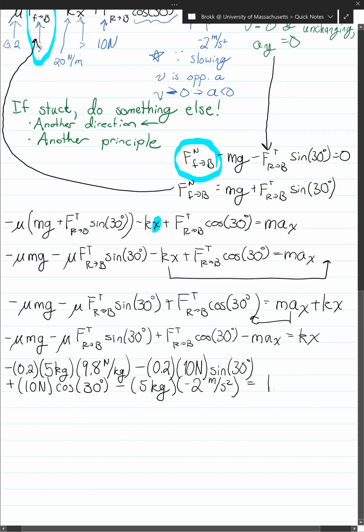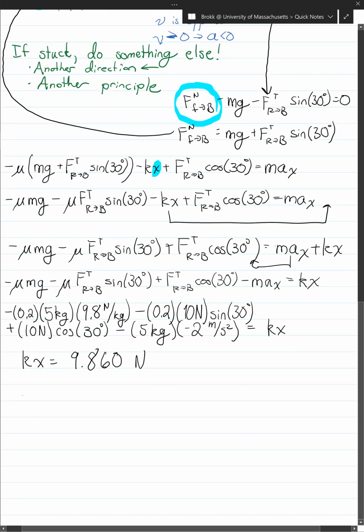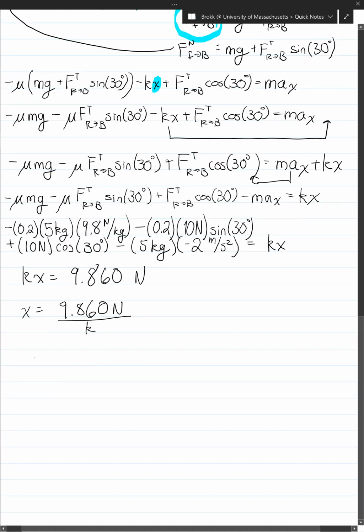And that gives us kx, which when I put all that into my calculator, I get kx is 9.860 newtons. I know what k, the stiffness of my spring, is. So x is that number over k.